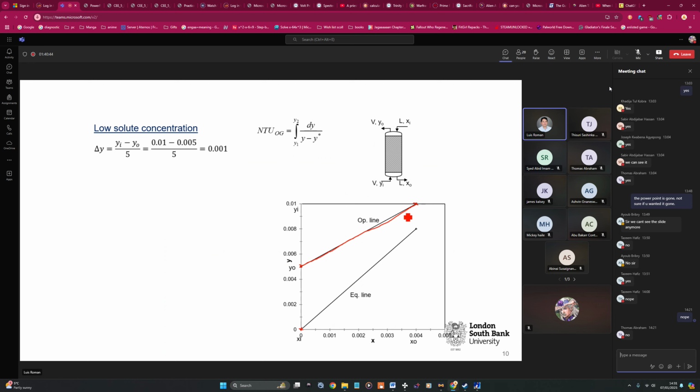That's basically the maximum value that you need for your equilibrium line in order to perform the rest of the calculation. So yes, in theory, you can give any value of x to calculate the equilibrium line, but the operating line gives you some kind of upper value that you can use. So it would be 0.004.